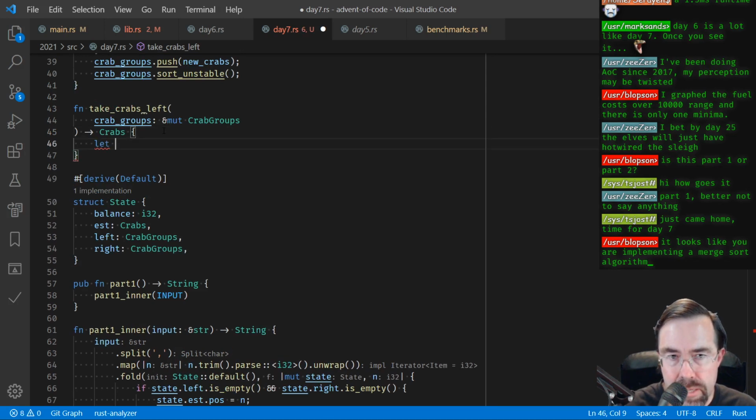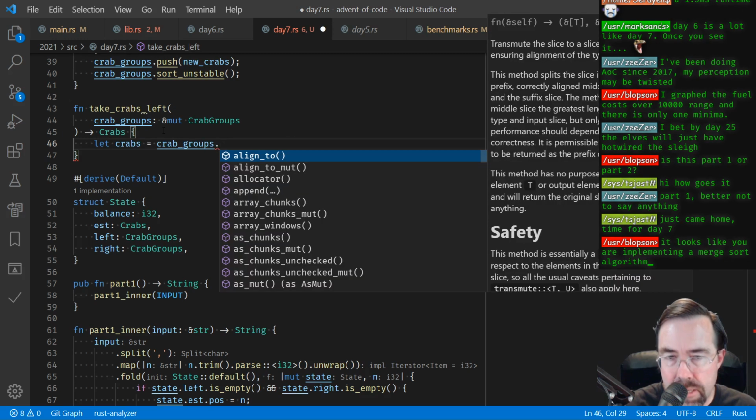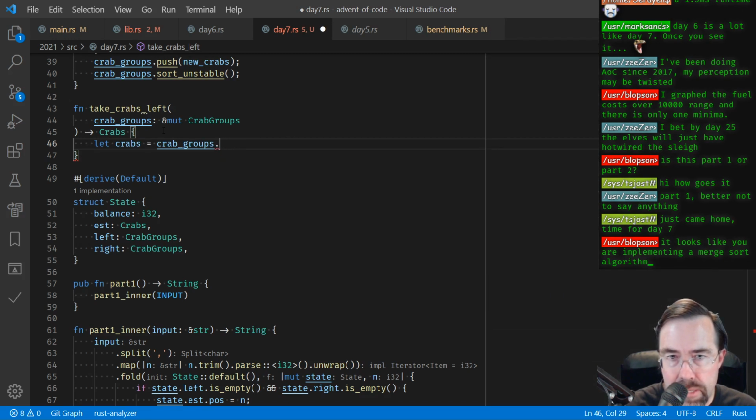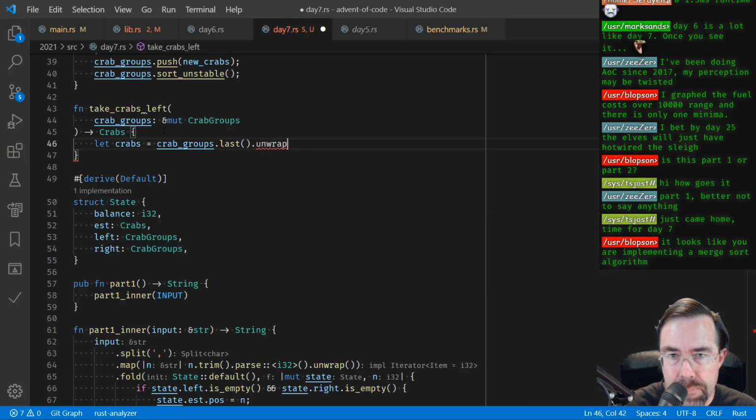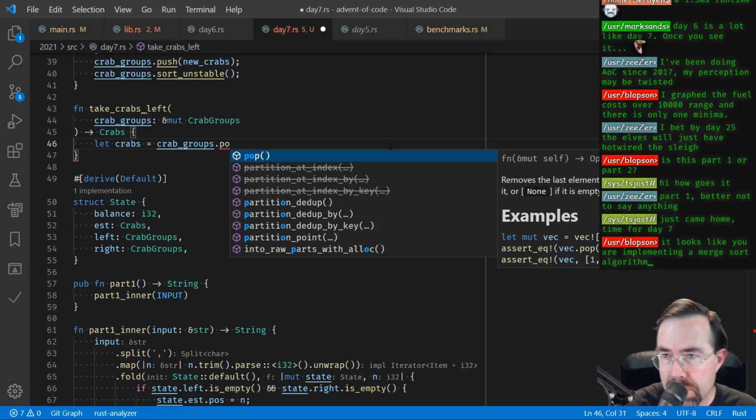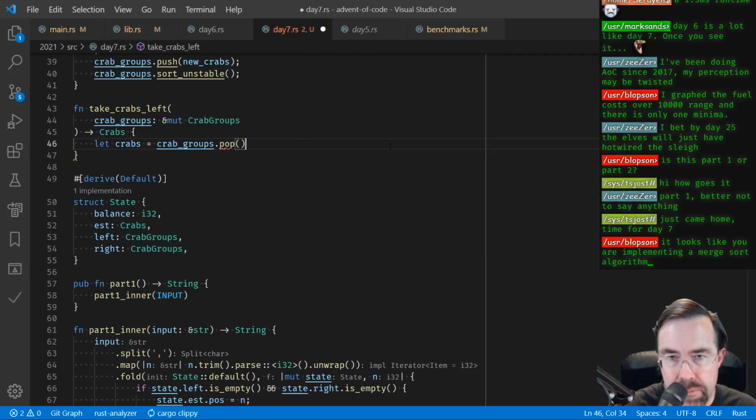It's let crabs equal crab_groups.left.last().unwrap(). Actually, can we do pop last? Pop removes the last. That's exactly what we want. So I don't even need to do that. I just do assign.